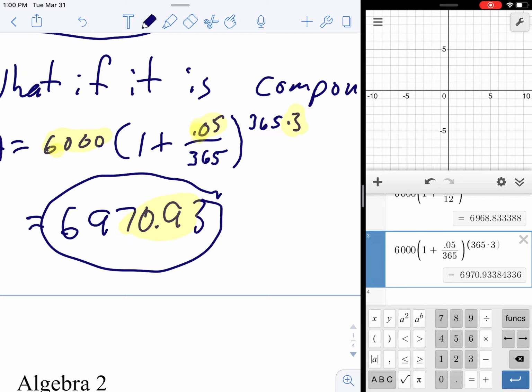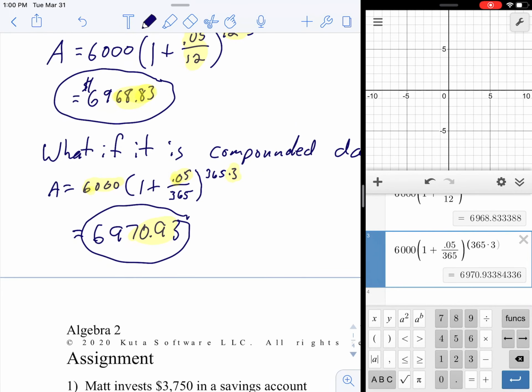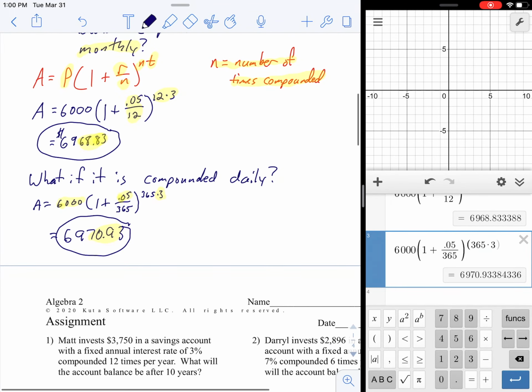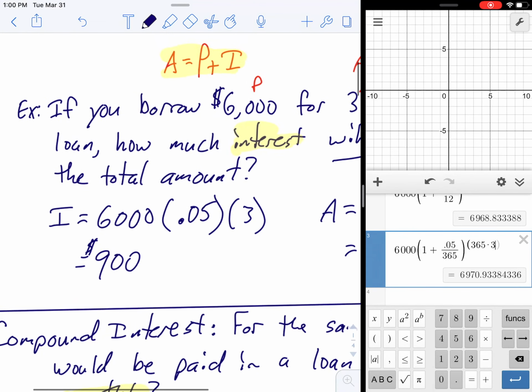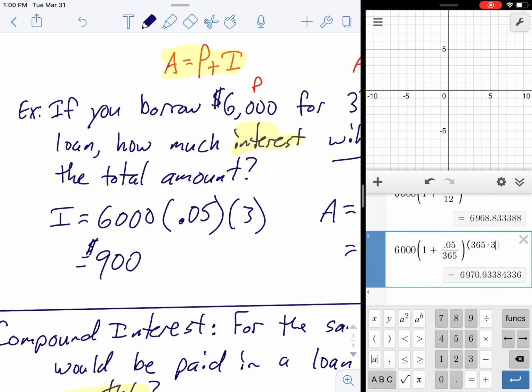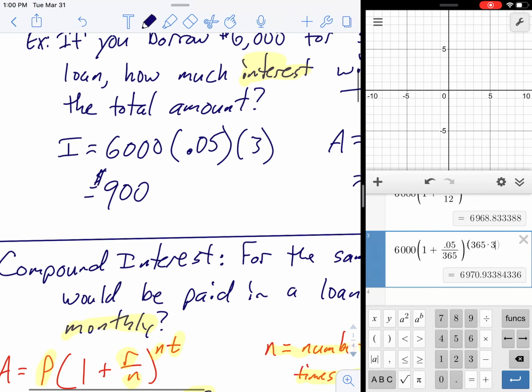Most people don't invest for 3 years when they retire. That's maybe 30 years, and they don't just invest $6,000. They're constantly adding money in. You can see that compounding really does a lot better for earning interest and putting a person toward retirement than this simple interest loan that, again, you learn in 7th or 8th grade because the math is easy.